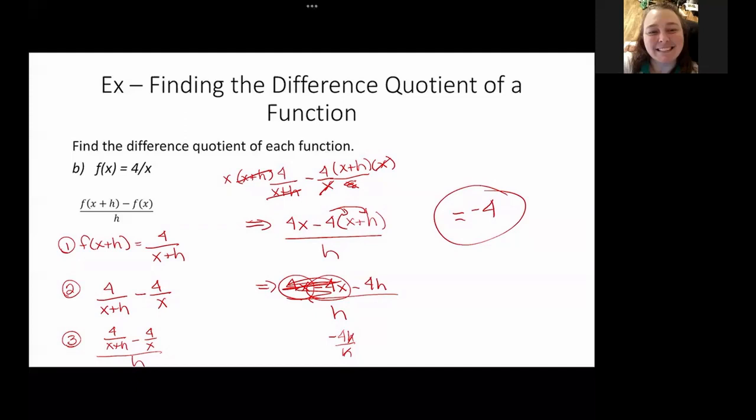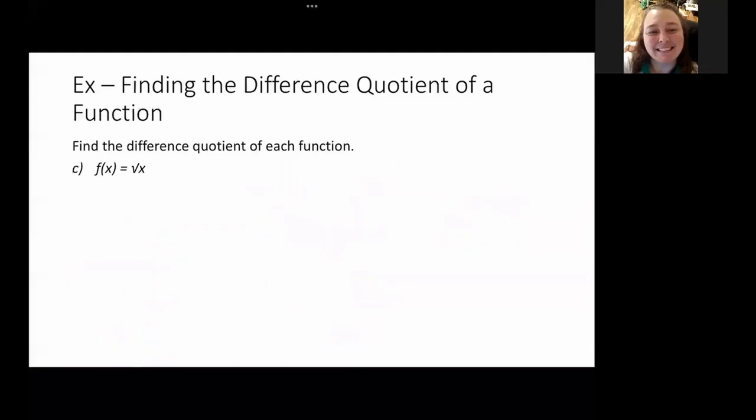One last one of this type, and then we'll go on to the next topic. So find the difference quotient of this function. This is the square root of x. It was as good as I could get it in the slides. I apologize. So f of x plus h is equal to the square root of x plus h. Okay, that's step 1. Step 2, let's subtract.